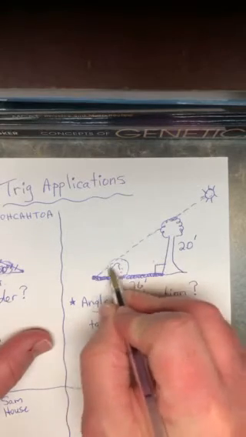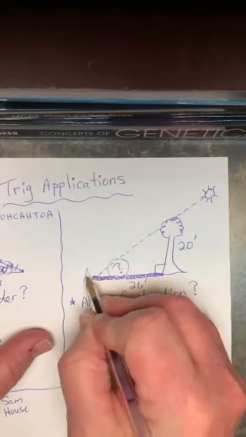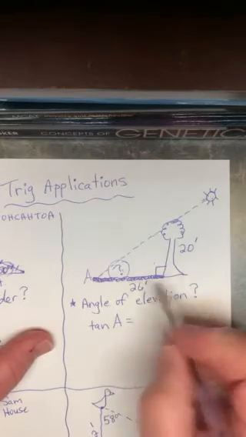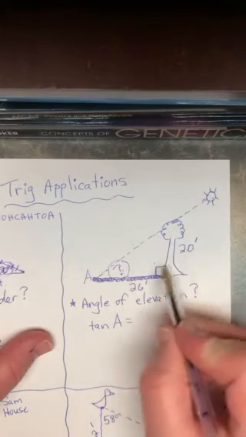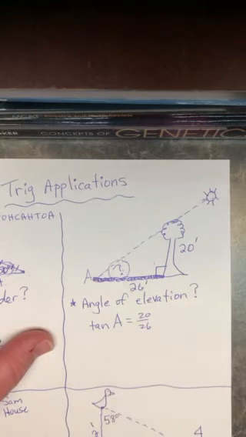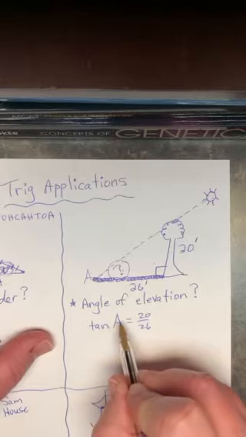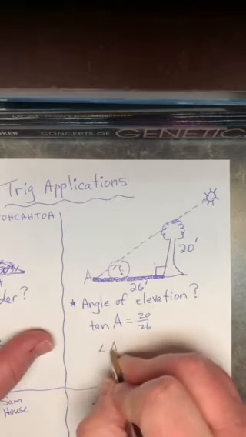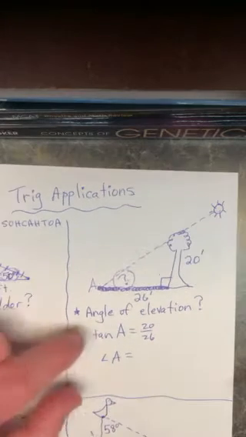Now, we don't know how big this angle is. Let's call it angle A. That's fine. The tangent of angle A is, and then we got to go opposite over adjacent. So that's 20 over 26. Remember, we're looking for a missing angle, and we practiced this the last 2 days. How big would angle A be? Don't push tan.